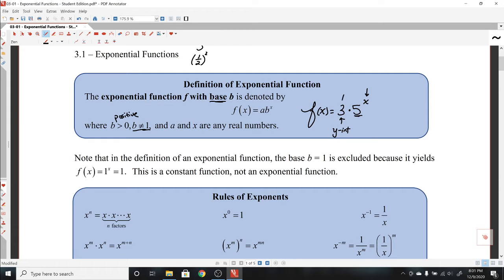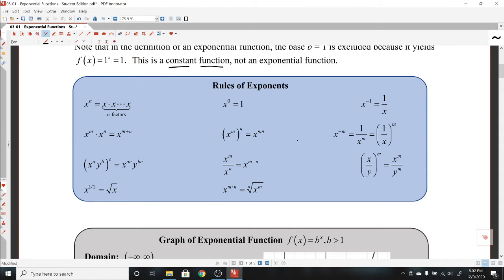So that's the starting value in a lot of these problems where we're looking at applications of exponential and logarithmic functions. Okay? So why can't it be 1? Well, note the definition of the exponential function: the base b equals 1 is excluded because it would yield 1 to the x power, and 1 to any power is just 1, which would turn the entire function not into an exponential, but just a constant function.